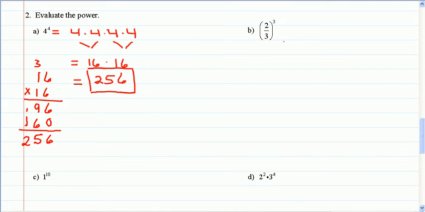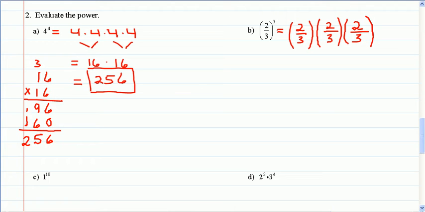For part B, 2/3 to the 3rd means 2/3 times 2/3 times 2/3. So the exponent tells me how many 2/3 I have to write.